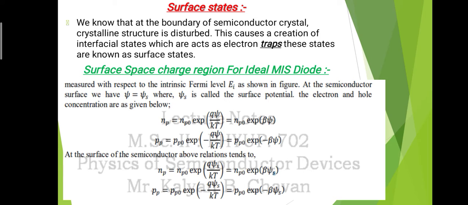Now we have to discuss the surface space charge region for the ideal MIS diode. The potential is measured with respect to the intrinsic Fermi level E_i, which is shown in the figure. That means if we measure the voltage with respect to the Fermi level, all these things were discussed in our previous video. At the semiconductor surface we have phi equal to phi_s.